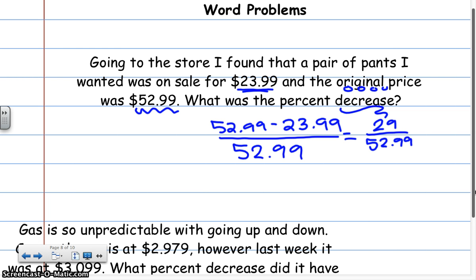Now I just go 29 divided by $52.99 and I get 0.547, which is 54.7% decrease. That's a great sale. That's about 50% off. You see that all the time in stores. They're dealing with percent increase and decrease. You get 30% or 50%. We are analyzing that.